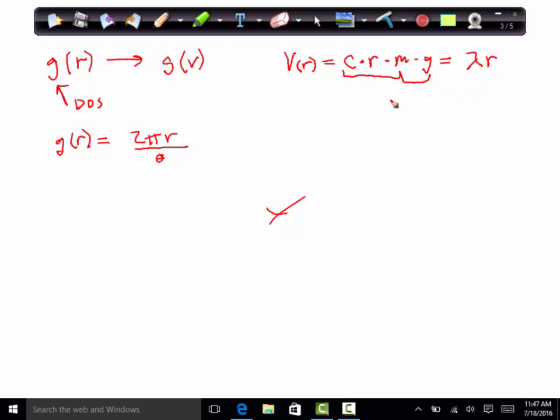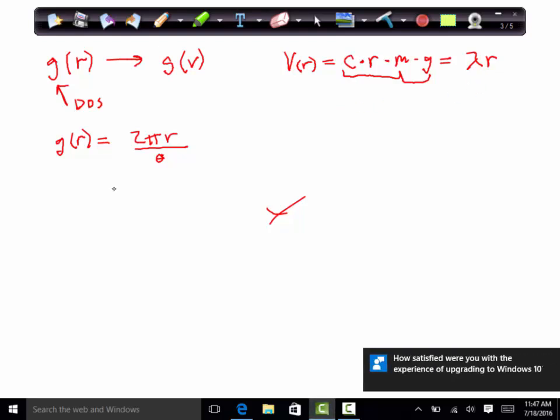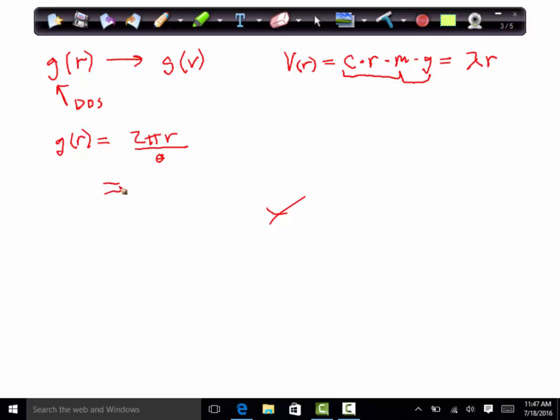So we can substitute in for r as v over lambda. And this is 2 pi over theta v over lambda equals our g of v.